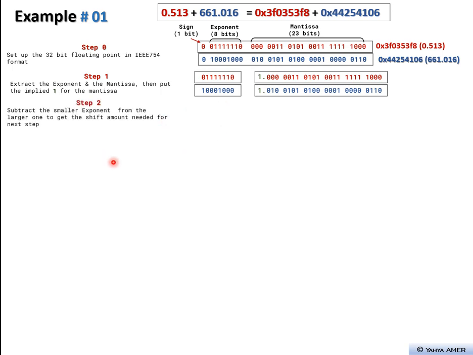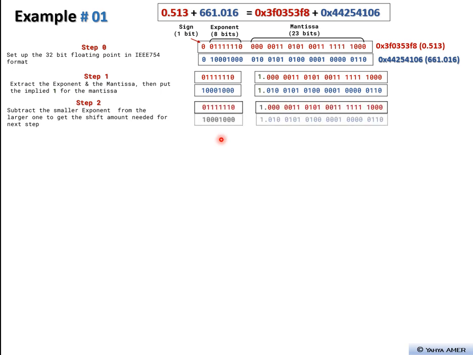In step 2, we have to determine the difference between the exponents, and we do that by making a subtraction. We subtract the smaller one from the larger one; this is the smaller in this case, so we subtract this one from this one, and the result will be 1010, which is kind of a big number, 10 in decimal.